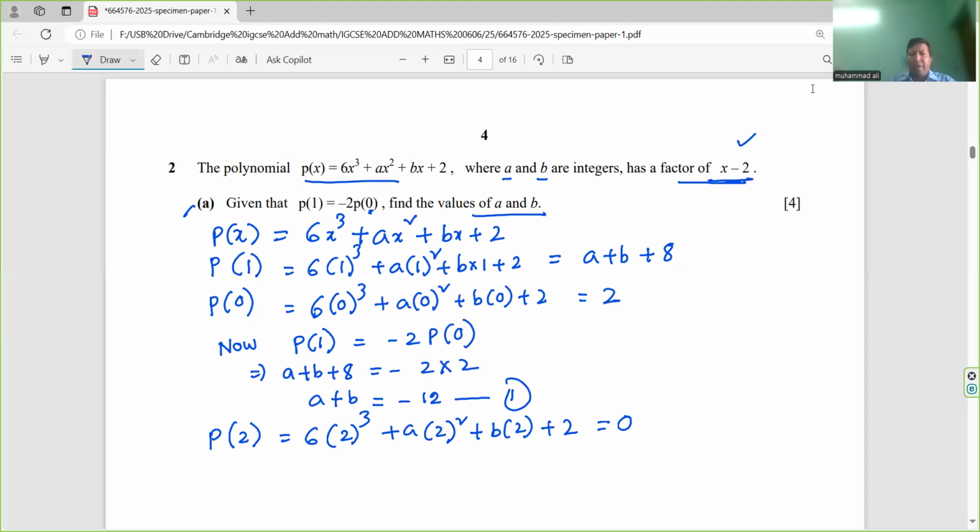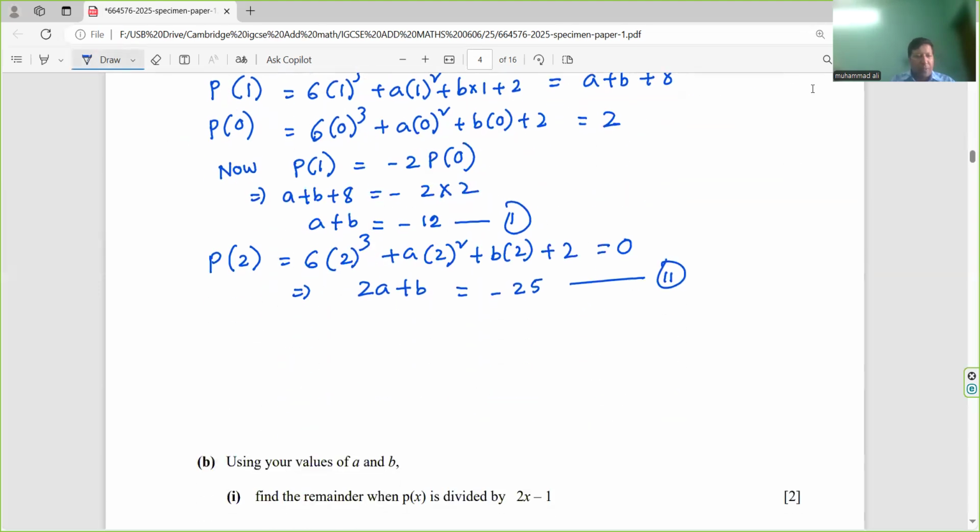Factor means the remainder is definitely 0. So if we simplify, we get 2a plus b equals -25. This is equation 2. Now subtract equation 1 from equation 2.